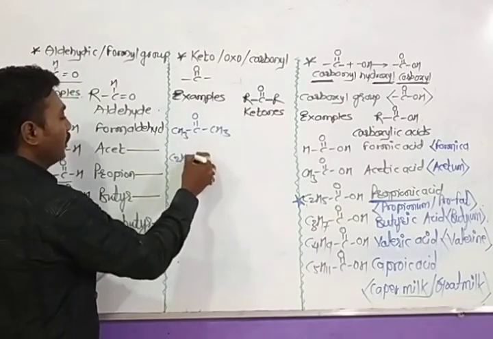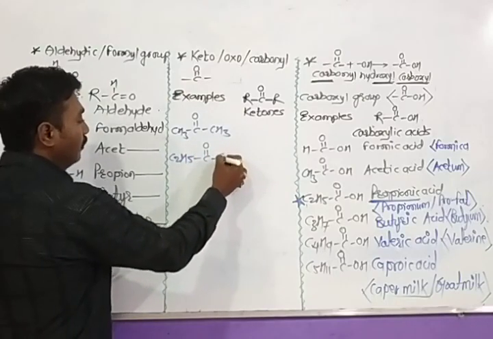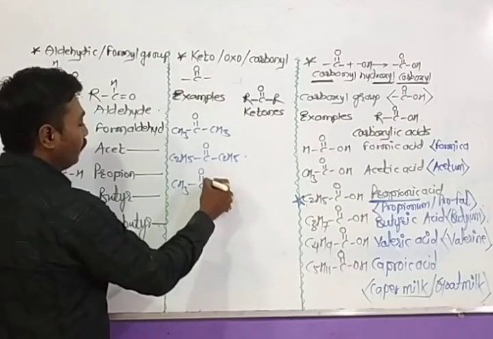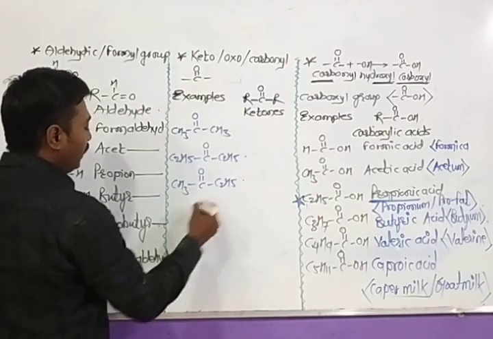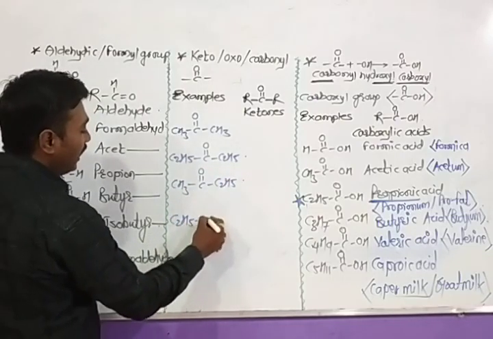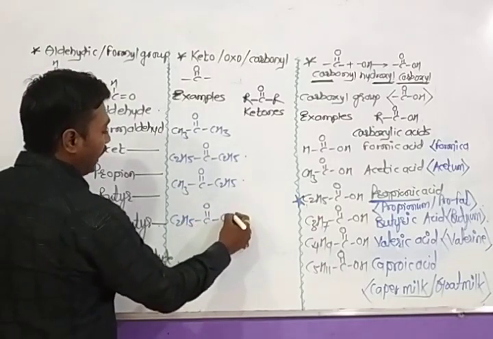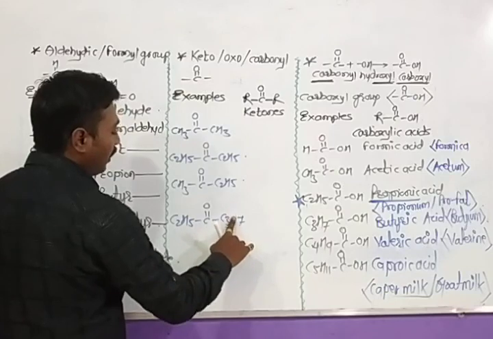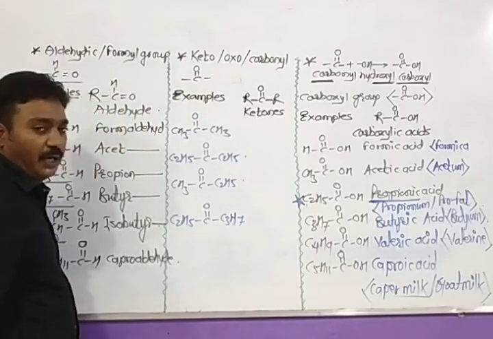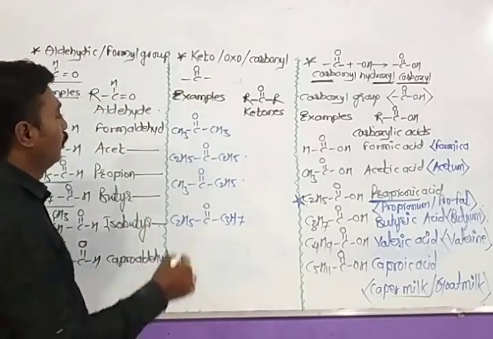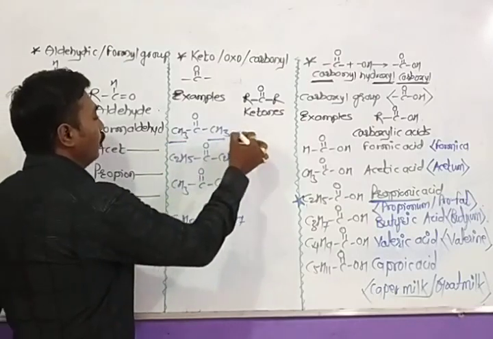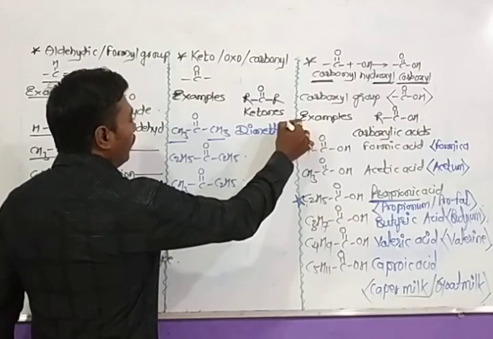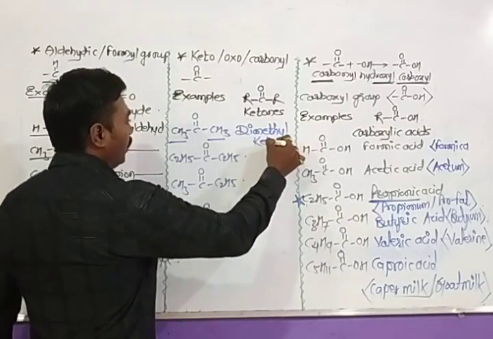If both alkyl groups are ethyl, or if different types of alkyl groups are present, the common names of these compounds are written from the names of the alkyl groups. Here there are two methyl groups, therefore it is dimethyl ketone in the common system.